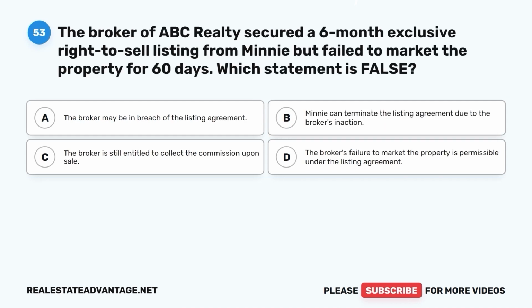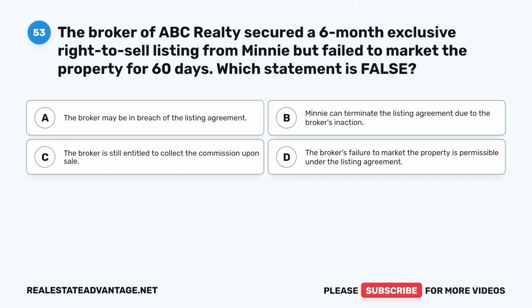Question 53. The broker of ABC Realty secured a 6-month exclusive right to sell listing from Minnie, but failed to market the property for 60 days. Which statement is false? A. The broker may be in breach of the listing agreement. B. Minnie can terminate the listing agreement due to the broker's inaction. C. The broker is still entitled to collect the commission upon sale.